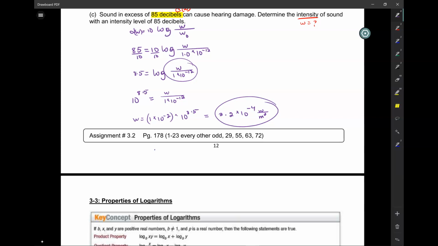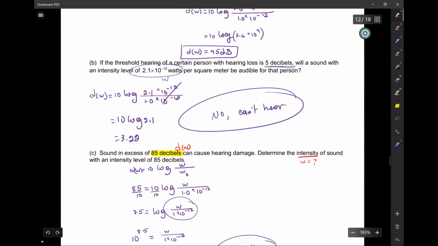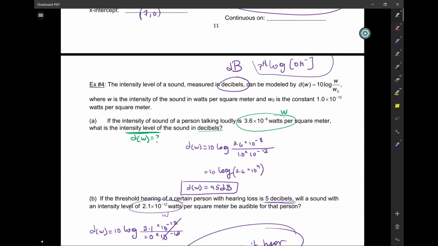Where did you get the W over M squared? Where did you get the M squared? So that's what I was saying: here we were told that W is the intensity in watts per square meter. Where did the M come from? Square meter is meter squared.